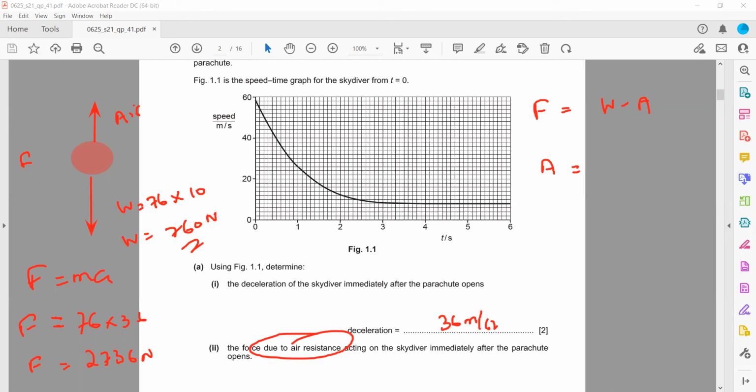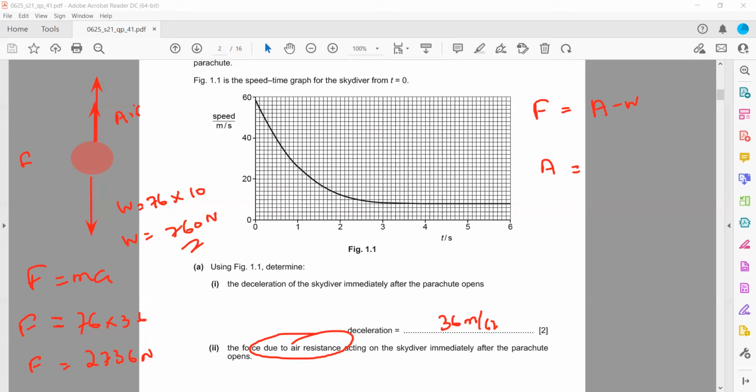Because he is decelerating, it means that air resistance is more. So instead of writing W minus A, I can write A minus W for the resultant force. Why? Because as he's decelerating, the air resistance is more than the weight.